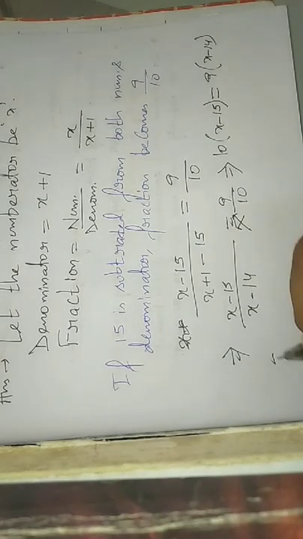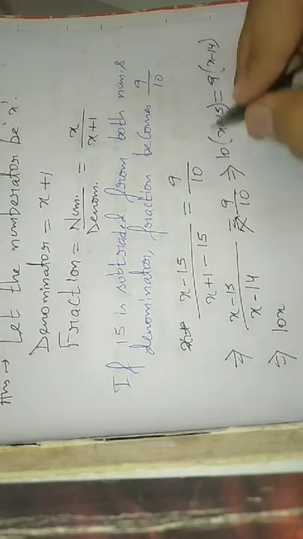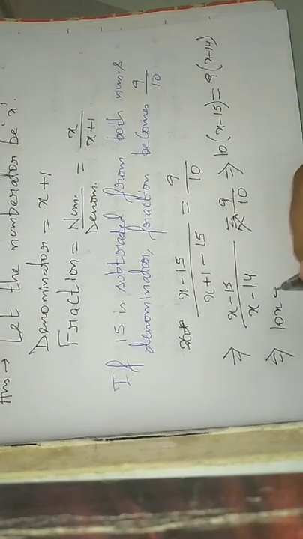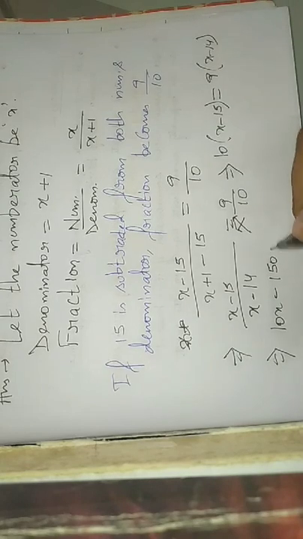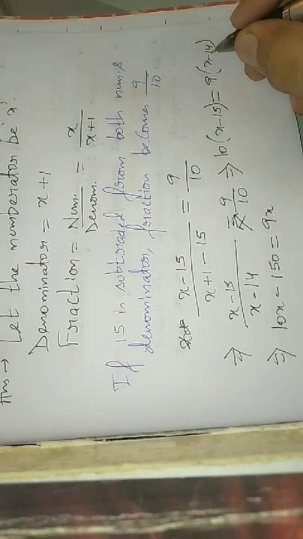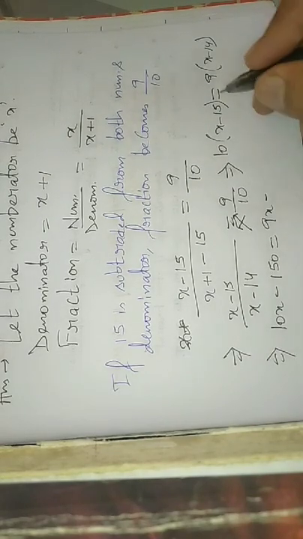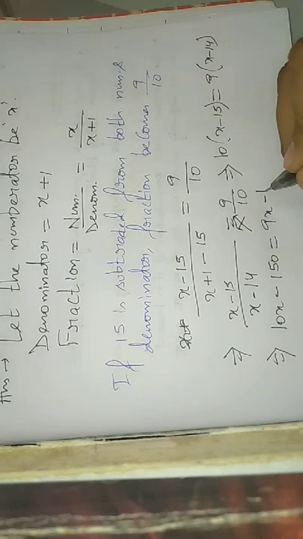So what is the value? 10 into x is 10x minus 10 into 15 gives you 150, is equal to 9 into x is 9x minus 14 into 9 gives you 14 nines are 126.